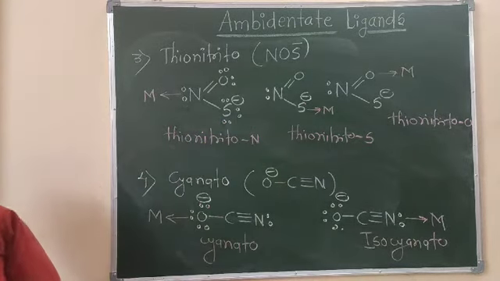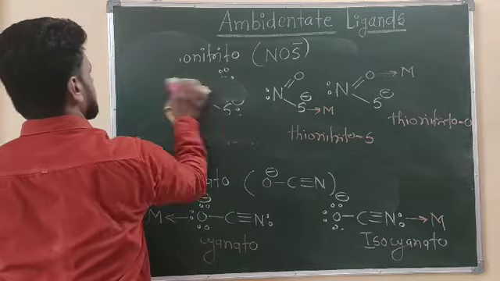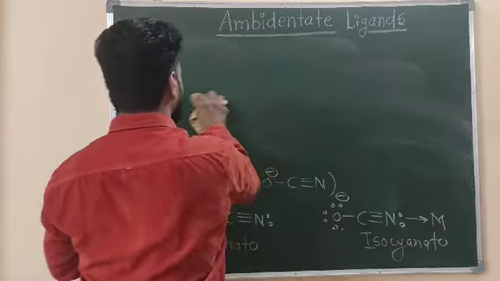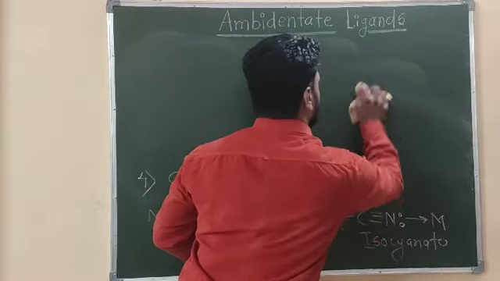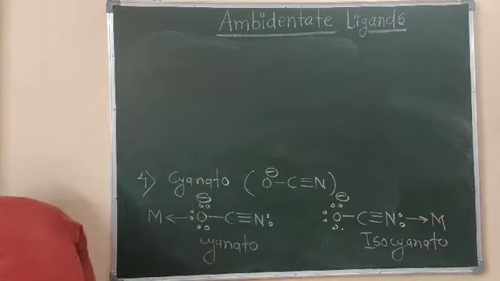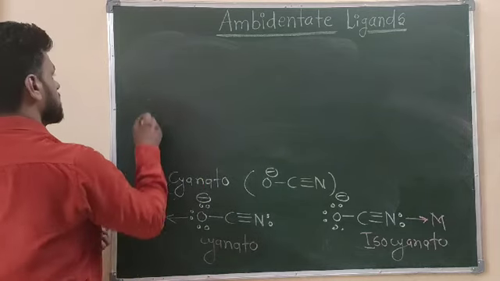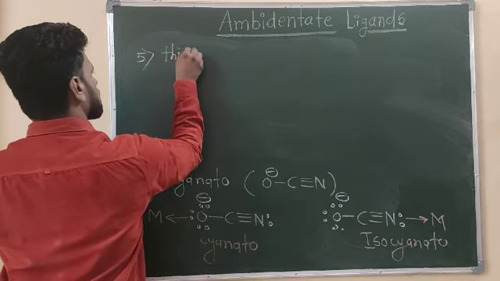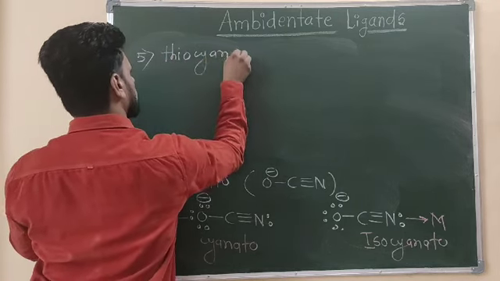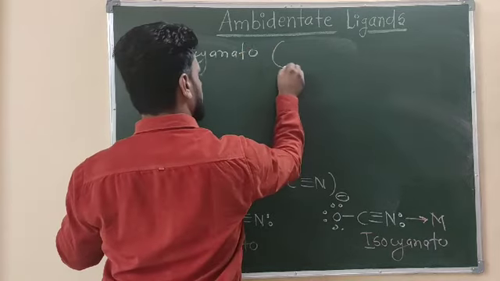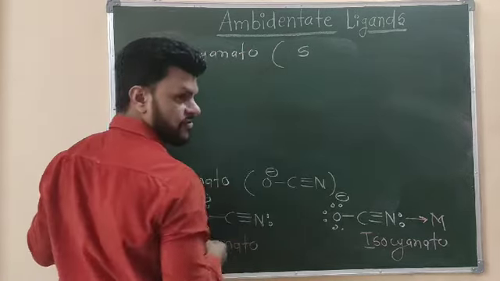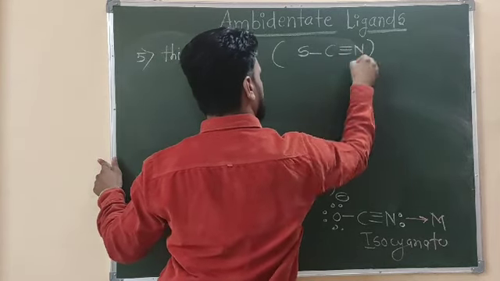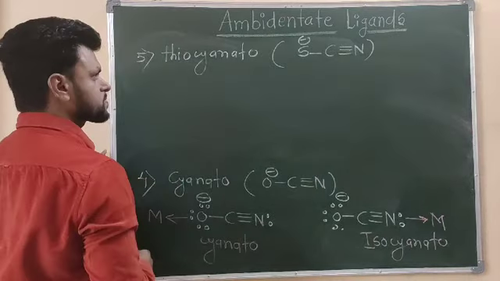I'm moving to the next example, example number 5. In this example, I have replaced one of the oxygens of this cyanato group with sulfur. Now this becomes a new anion, and this is called thiocyanato. Thiocyanato means we have sulfur here, and this is C triple bond N, and sulfur carries a negative charge.